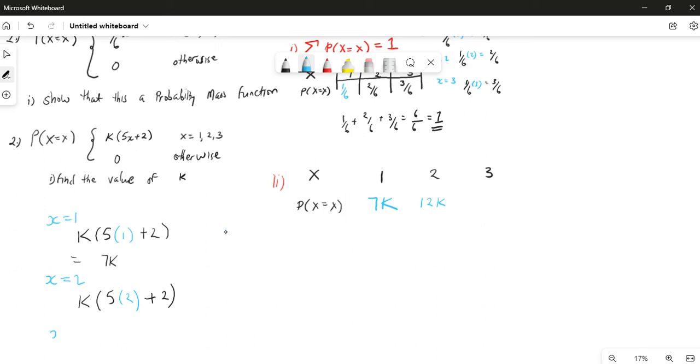When x equals 3, 5 times 3 is 15. 15 plus 2, that's 17k.